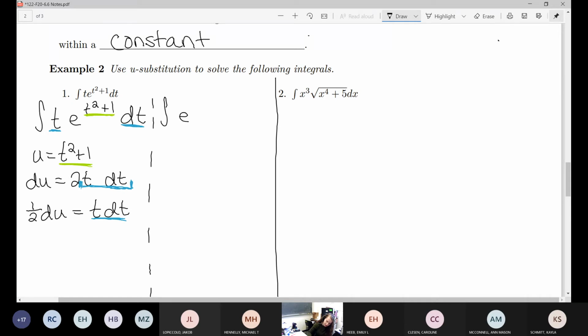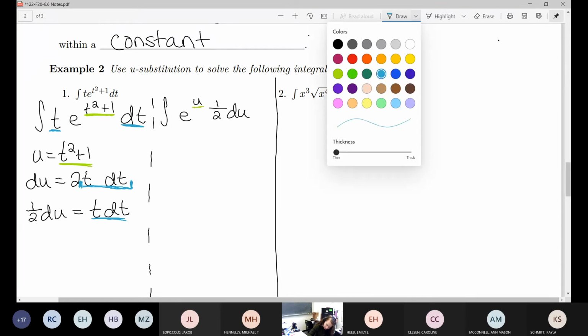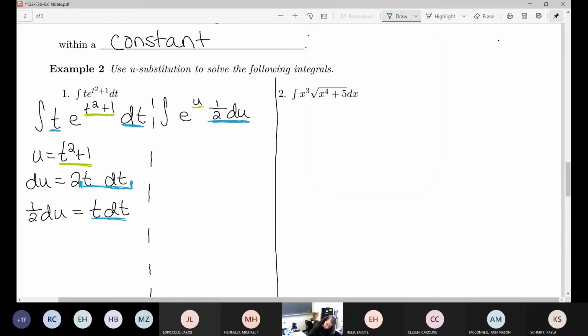Essentially what happens now is when we replace, we're going to have the integral of e to the u. But the t dt, instead of getting replaced by just du, is going to get replaced by 1/2 du. Don't freak out that the 1/2 is in the back. Remember, this is all multiplied together, so order doesn't matter.